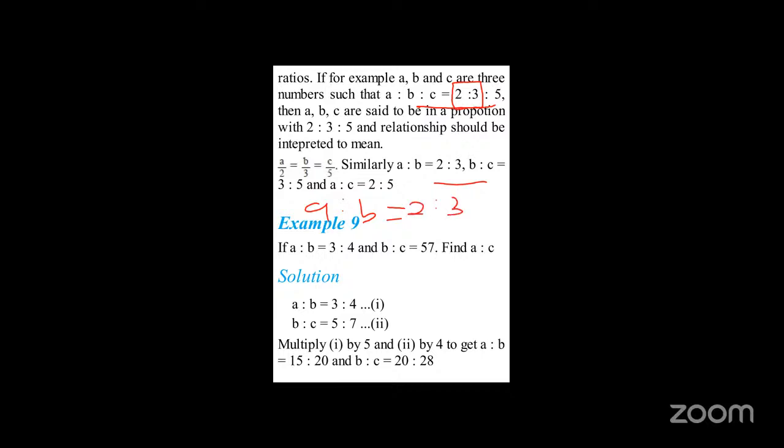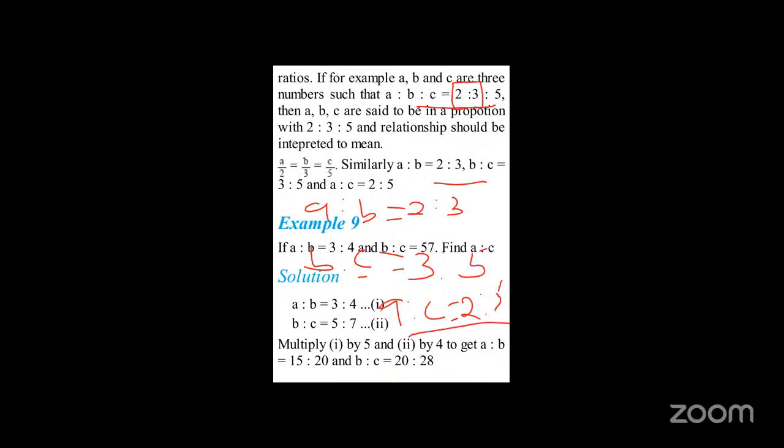The same case, we can have B ratio C. In this case, we are going to pick the value of B, which is 3, then the ratio of the value of C, which is 5. The same case, we can have A ratio C written as the value of A, which is 2, the ratio of the value of C, which is 5.